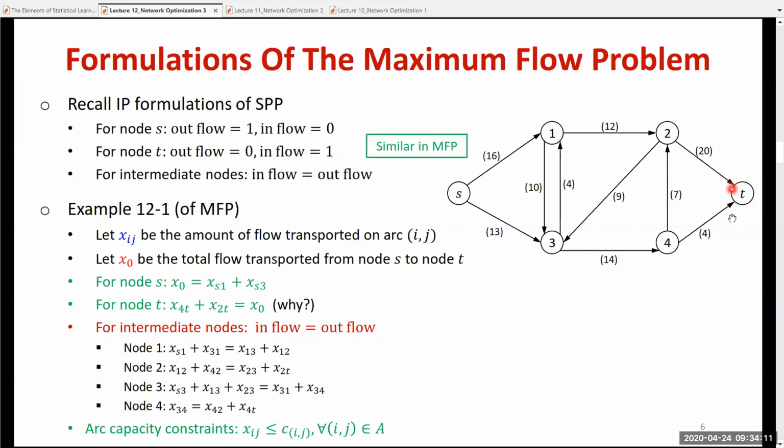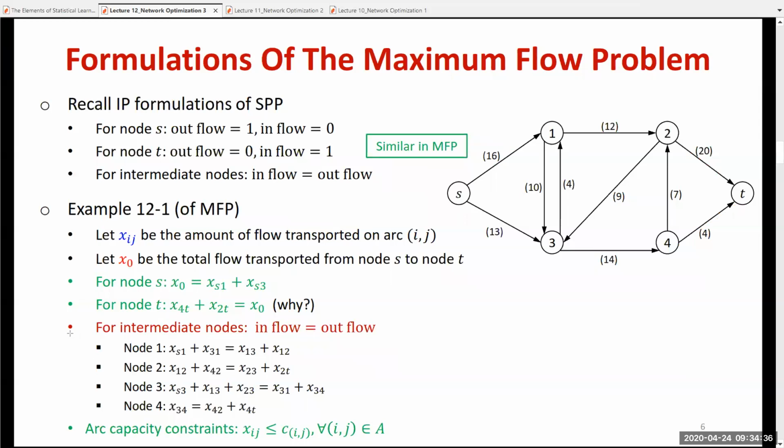So everything, 100%, will be transported to T. And hence I have x4t plus x2t equals x0, which equals the flow from S. Okay, so these are the constraints for nodes S and T.